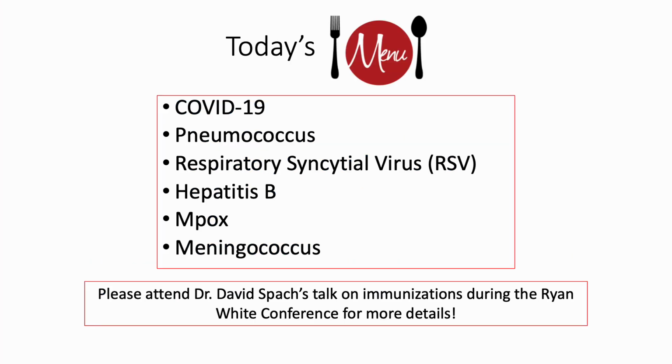So today's menu is that we're going to focus on 6 different types of vaccines, and I would encourage you to attend Dr. David Spock's talk on immunizations during the Ryan White conference. He'll go into a lot more details than I can go into today.